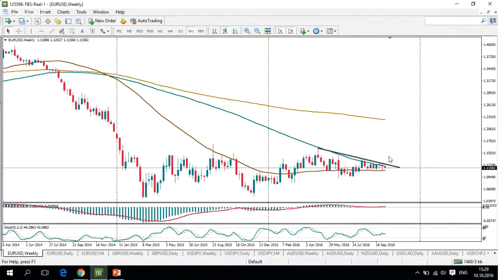Of course, a time of a breakthrough is coming, it is certainly so. But if we have this support line drawn, we can see that the range is getting more and more narrow. But I don't think that we will get a breakthrough this week.